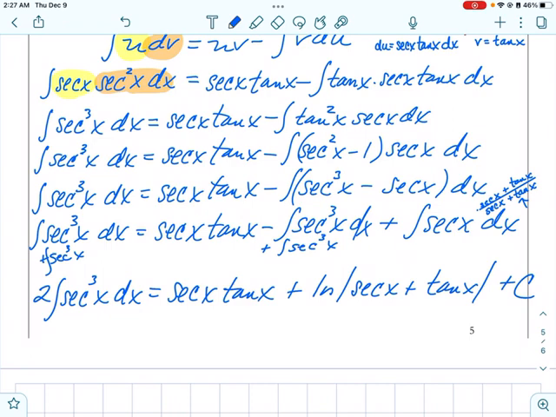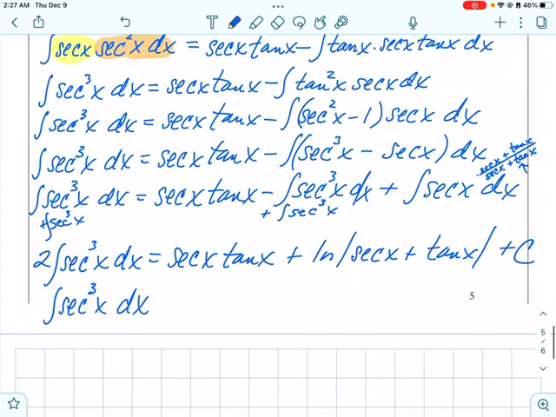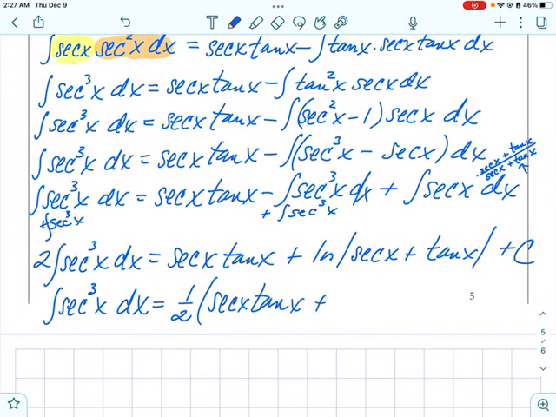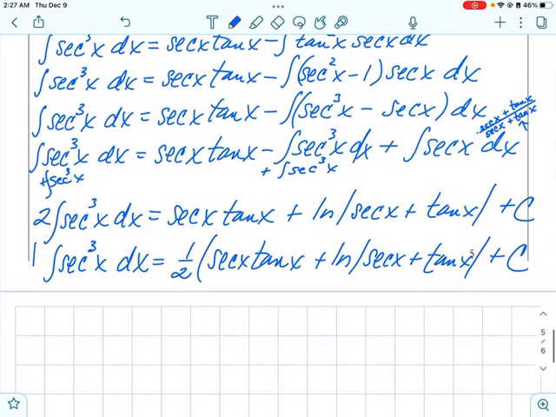And then you just have to multiply everything through by 1/2. So the integral of secant cubed x dx is equal to 1/2 times secant x tan x plus ln, in one whole parenthesis, of the absolute value of secant x plus tan x, plus c. And that is all she wrote.